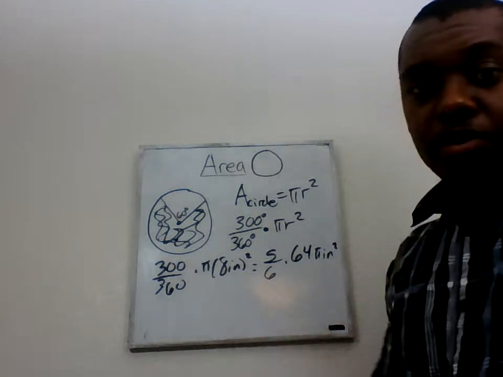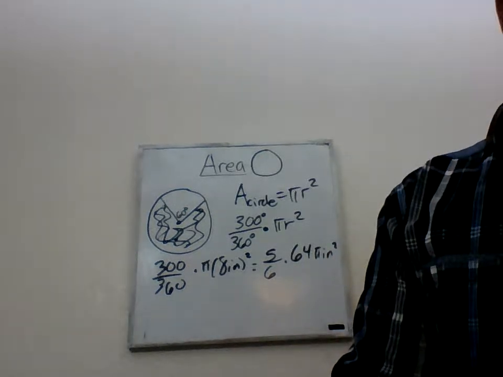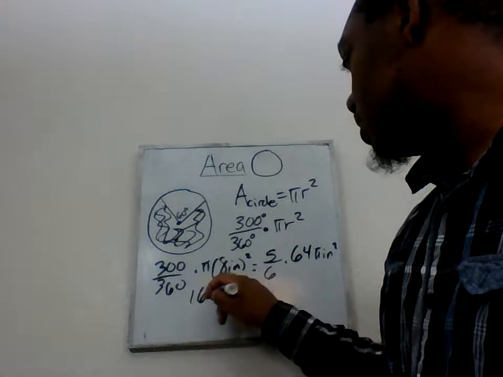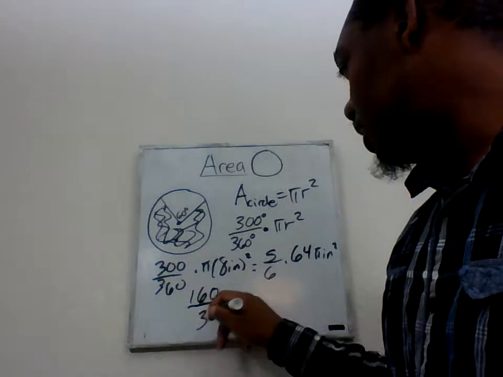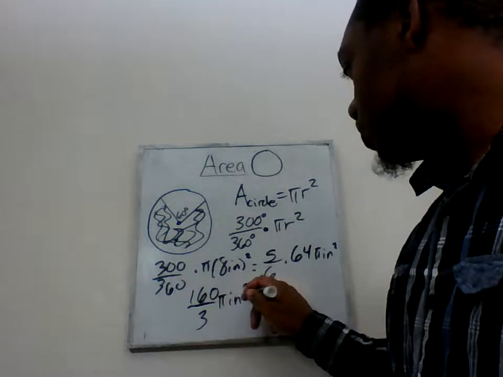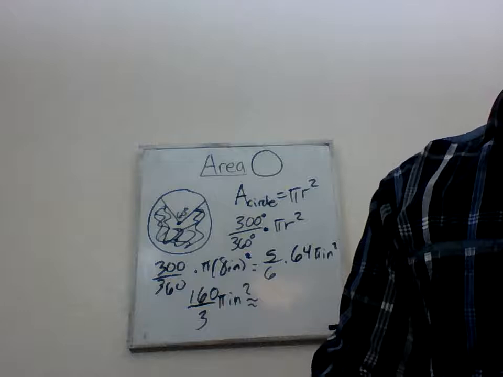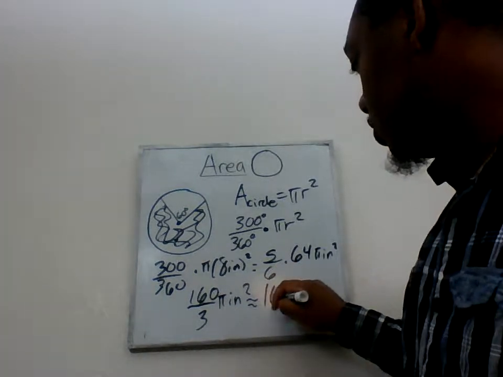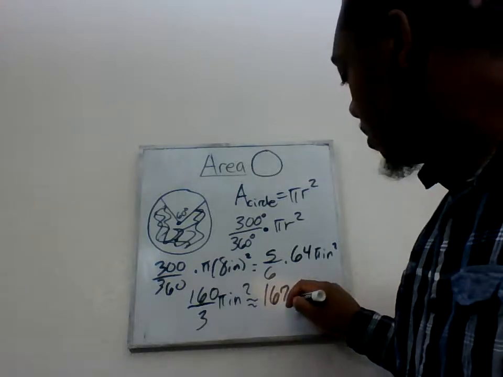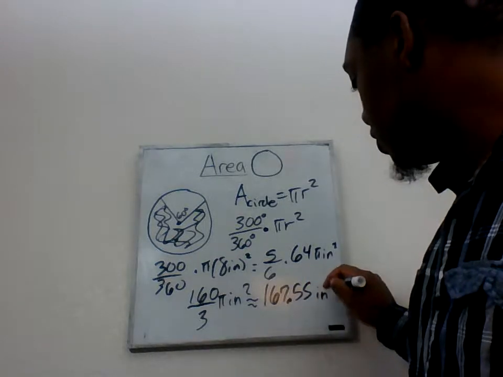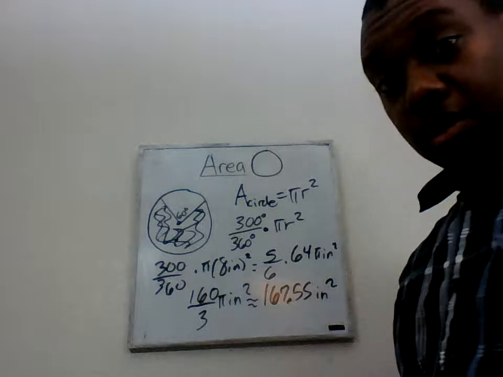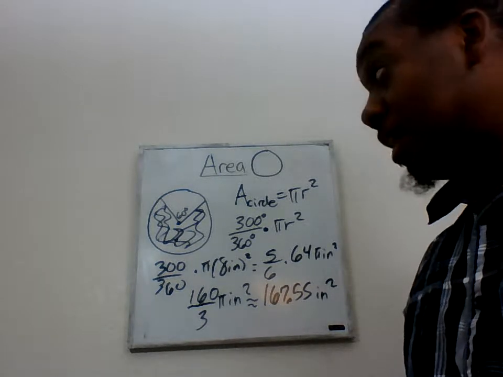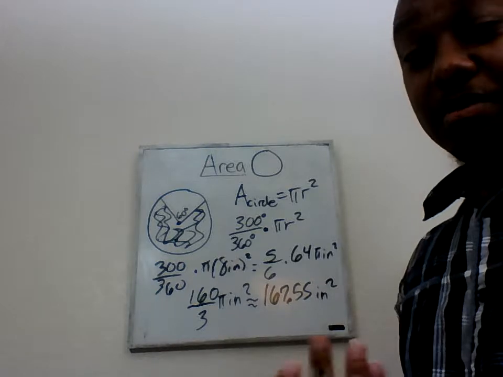And of course, I can reduce that further if I would like to. And I get 160 over 3 pi inches squared, which is approximately 167.55 square inches. Okay? That seems like a lot of pie, or a lot of pizza. Pizza is pie, to me at least.